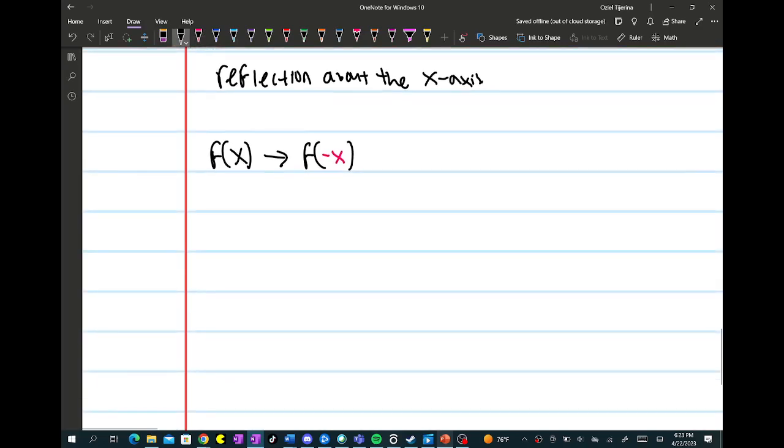So that is a reflection about the x-axis, I think. Or no, I'm sorry. Oh my god. About the y-axis, excuse me. Okay. So, basically, when we do a reflection about the y-axis, that is f of negative x, right?